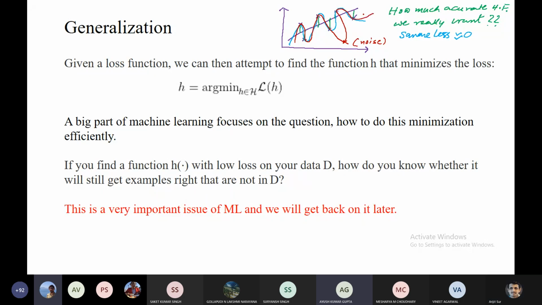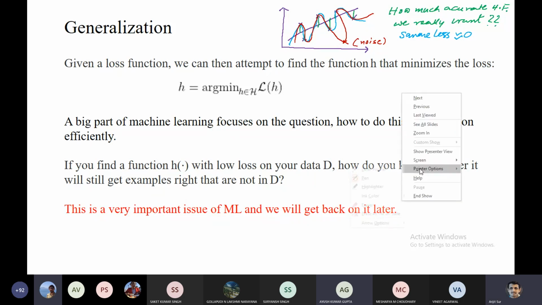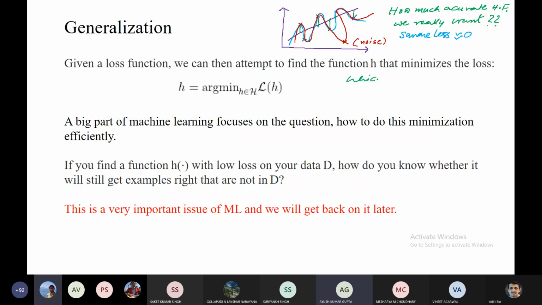Now the question is, which hypothesis function do you want to choose?